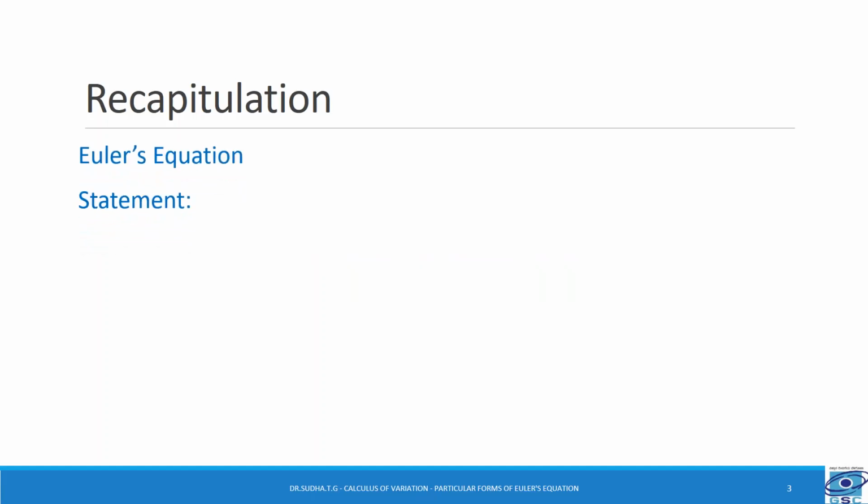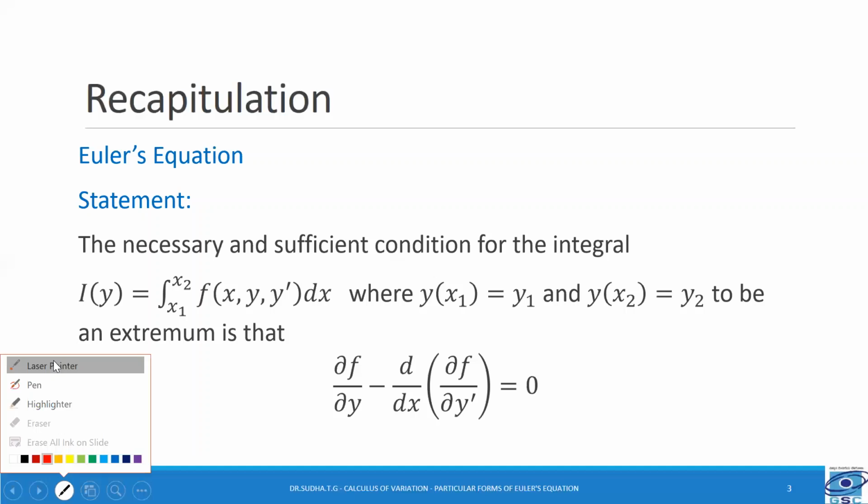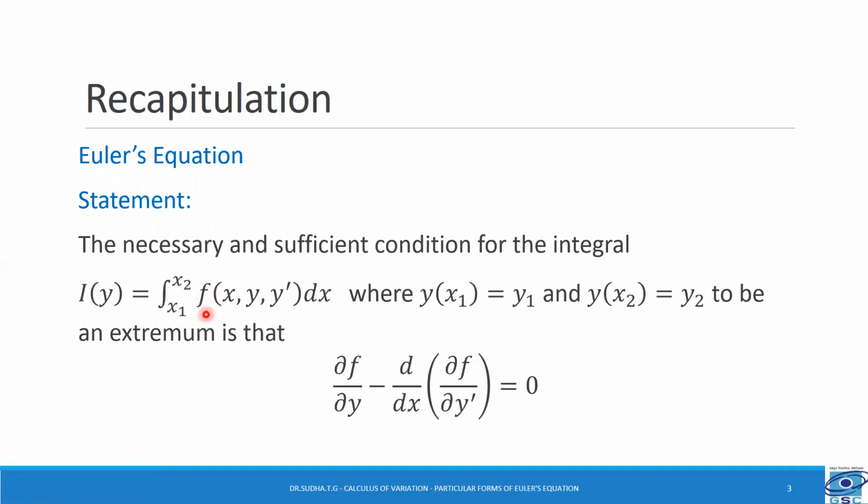Euler's equation can be stated as the necessary and sufficient condition for the integral I of y equal to the integral from x1 to x2 of f of x, y, y dash dx, where y of x1 is equal to y1 and y of x2 is equal to y2, to be an extremum, that is either maximum or minimum, is that ∂f/∂y minus d/dx of ∂f/∂y dash equals 0.